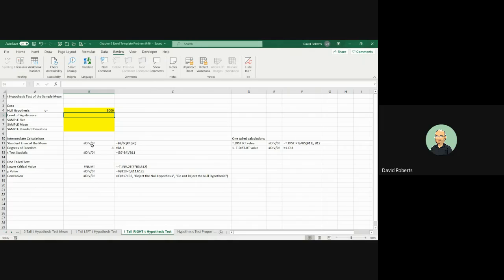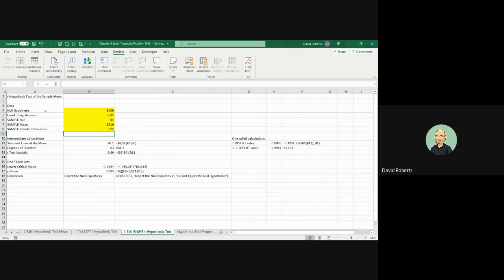I put in a 5% level of significance. I have a 64 bus sample. The sample mean turned out to be 8,210 bus miles, and the standard deviation is 625 bus miles.